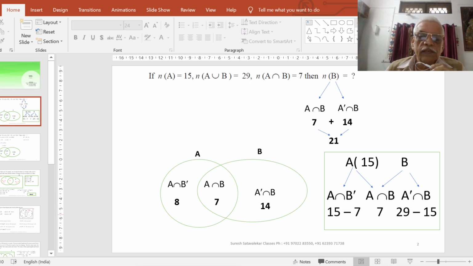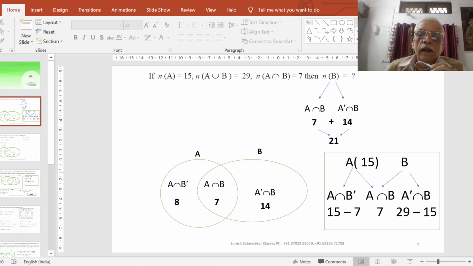Now number of elements in total set A are 15, out of which 7 are here. So 15 minus 7, that is 8, will be in this part. So A intersection B dash contains 8 elements.